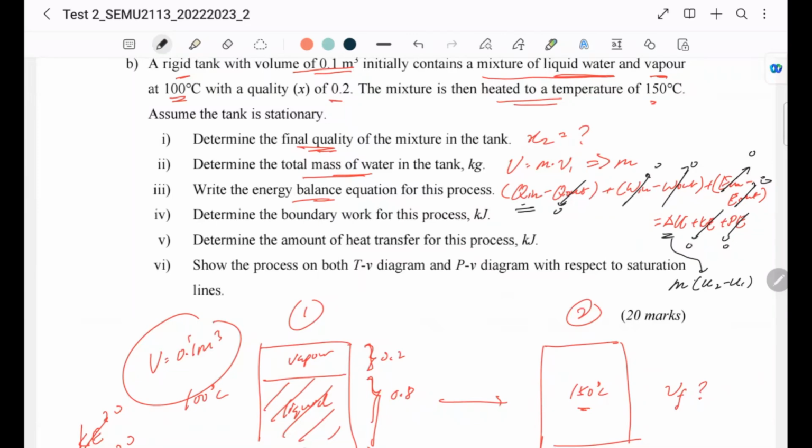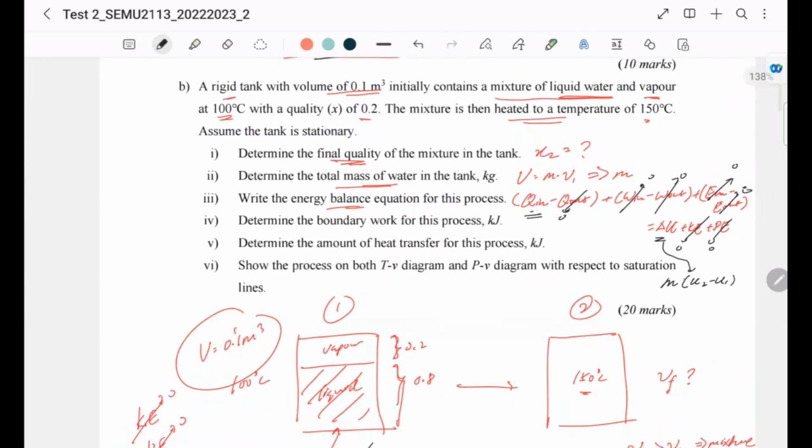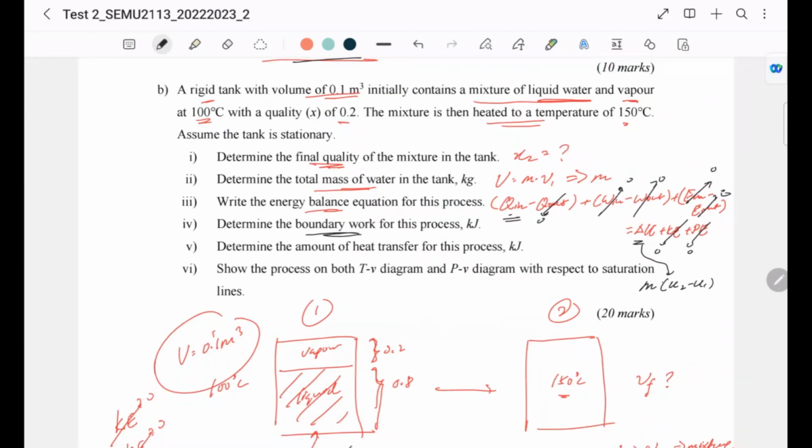And then here, determine the boundary work. Because the boundary is fixed, therefore boundary work is basically equal to 0.